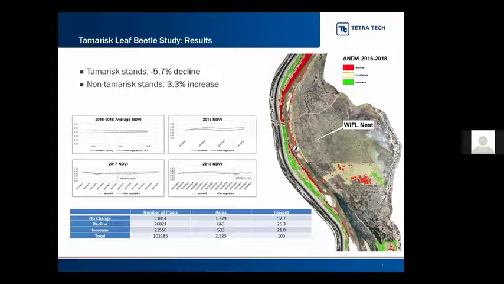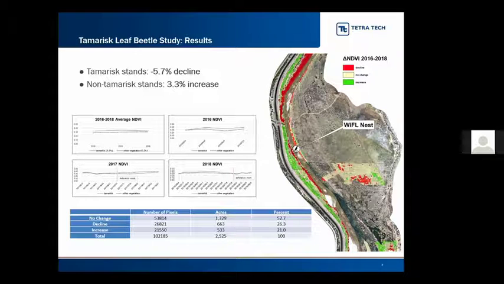So for the tamarisk stands, we saw about a 6% decline in NDVI activity, whereas the non-tamarisk stands saw a 3.3% increase in NDVI. We classed those out in 3 different classes using a zonal analysis just to arrive at a simple decline, no change, or increase in NDVI.